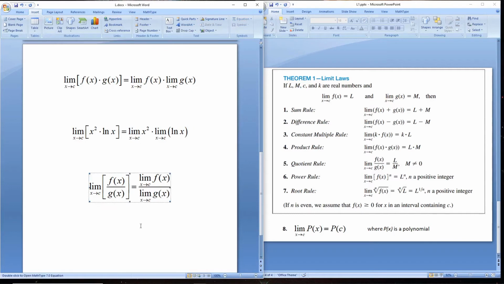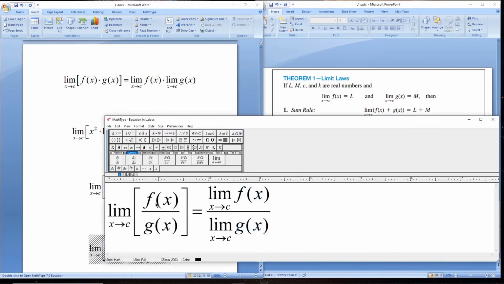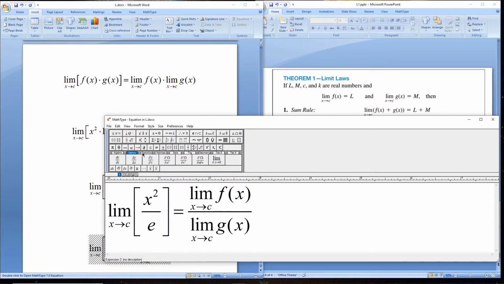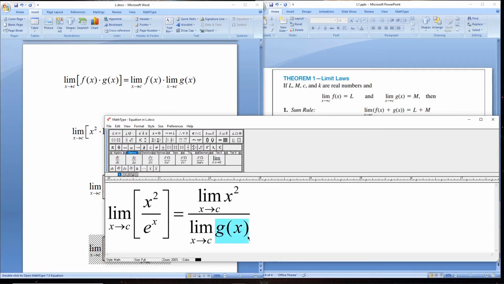So an example of that, let's say we had x squared over e to the x. Well, this limit property allows us to pass the limit along to each of these functions. And again, that makes things most of the time simpler. Usually simpler to deal with smaller parts than the whole thing.